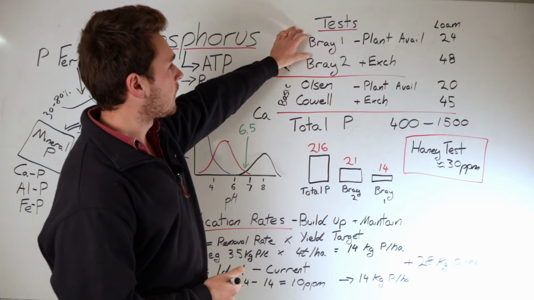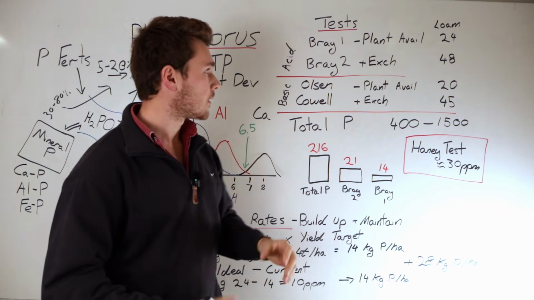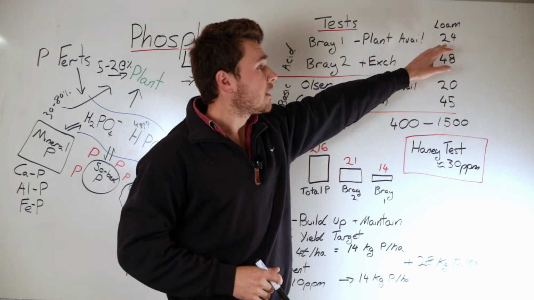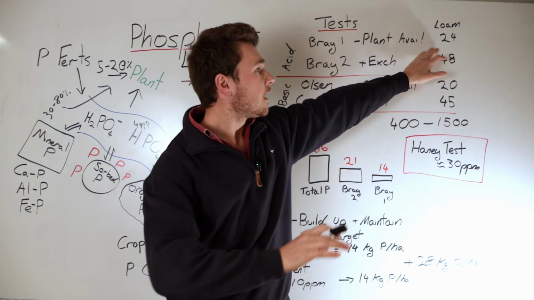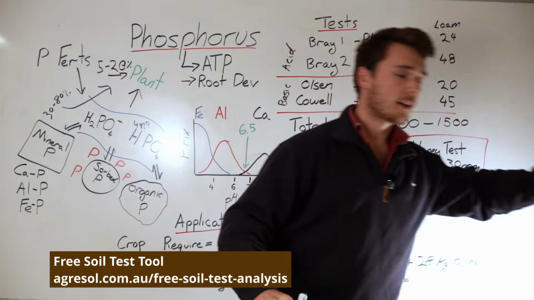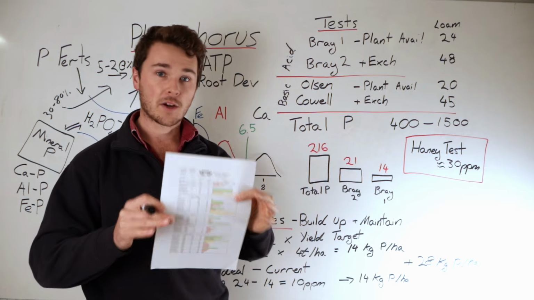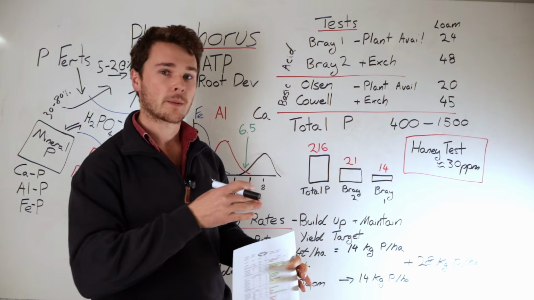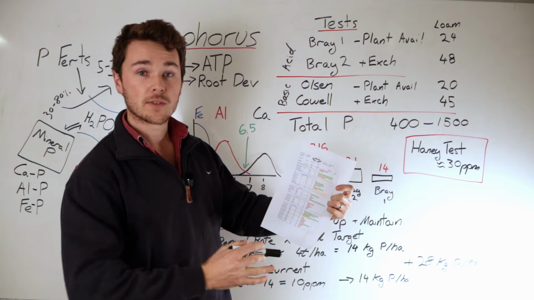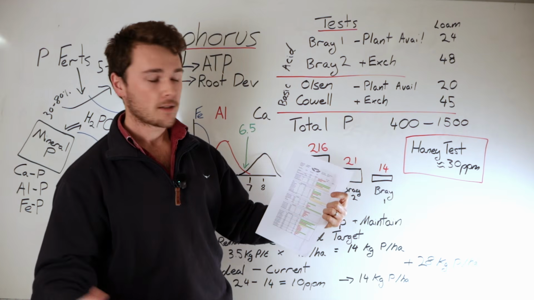So the critical value for our Bray 1 in a typical loamy soil, so not too heavy, not too light, just a nice loamy soil, is about 24 parts per million. Now this will change depending on your clay content. So if you're using our free soil test calculator, which you can get on our website, if you have a soil test, you can put all your information in and you get a free report like this with nutritional recommendations. The ideal numbers will change depending on your CEC, which is a function of clay content.